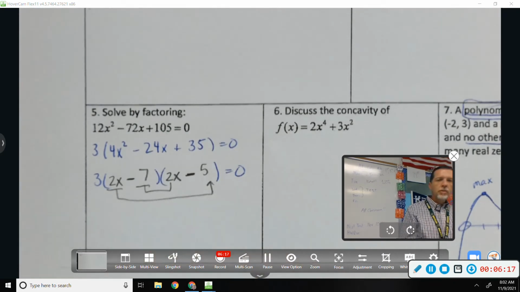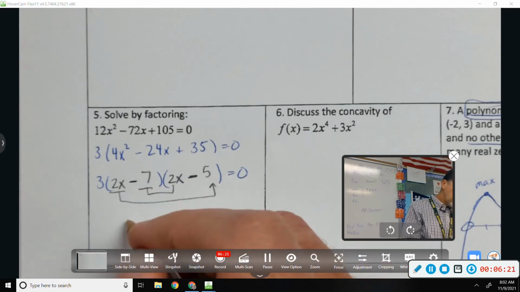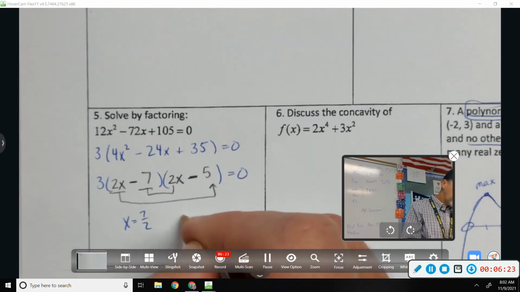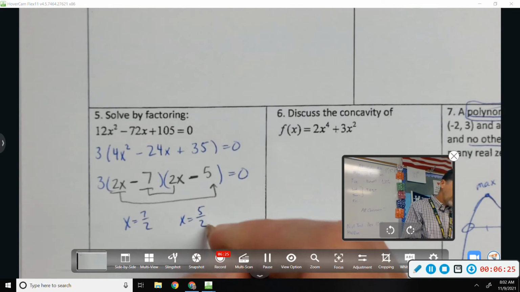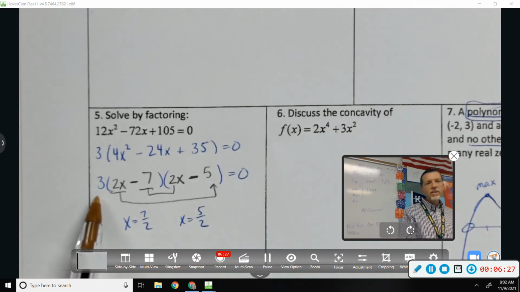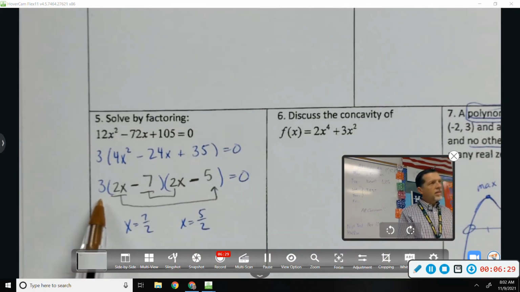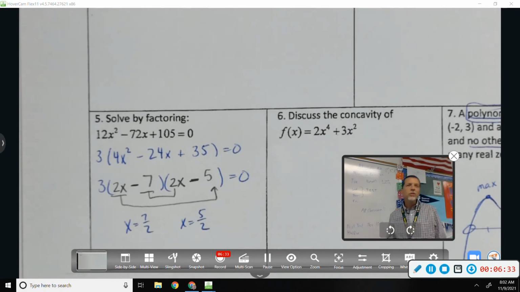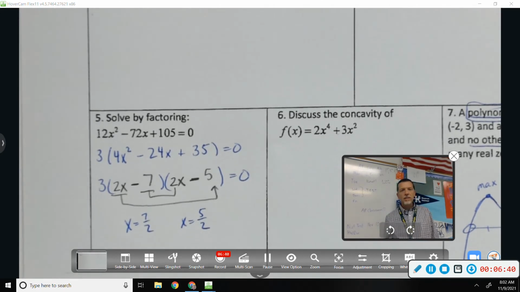Yeah, that would work. So x equals 7 halves, x equals 5 halves. And what about this 3 out front? Right, what about it? It doesn't add anything to our solutions. If there was an x out front, then we'd have x equals 0. But just a number out there, that doesn't add anything for us.